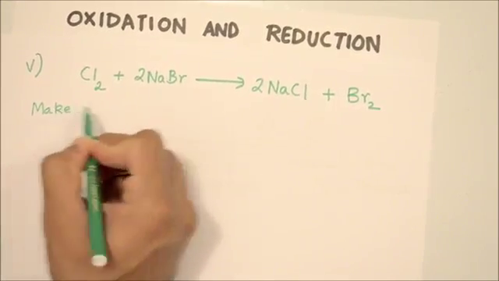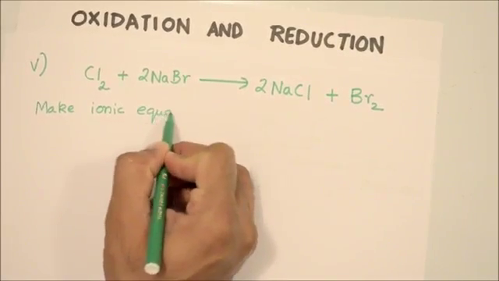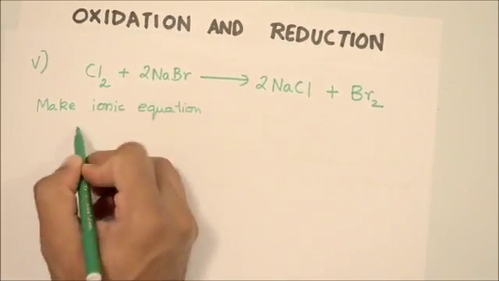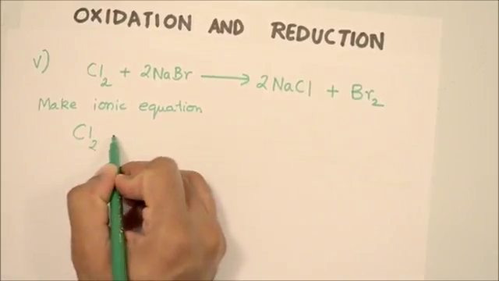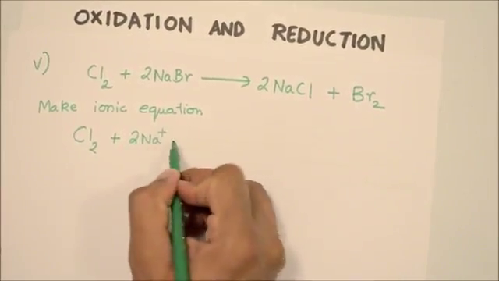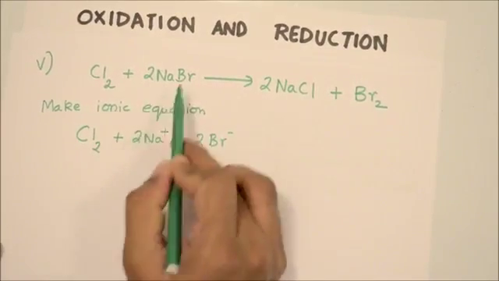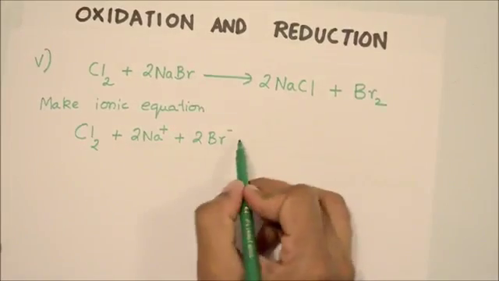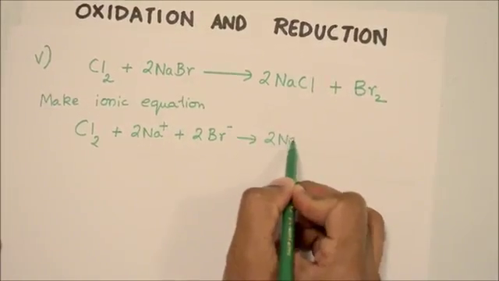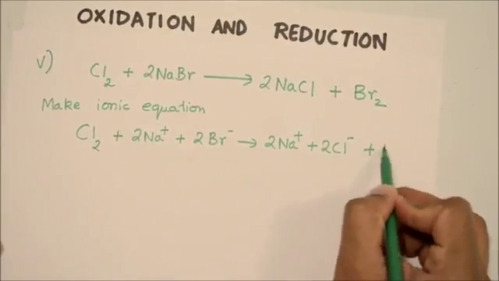So first thing we need to do is make ionic equations as we have learned. How to go about ionic equations? We need to write the same reactants, but we need to split the ions in the ionic compound. So sodium bromide we have split up into 2Na+ and 2Br-, because we have 2 NaBr. Similarly, 2Na+ and 2Cl- plus Br2.